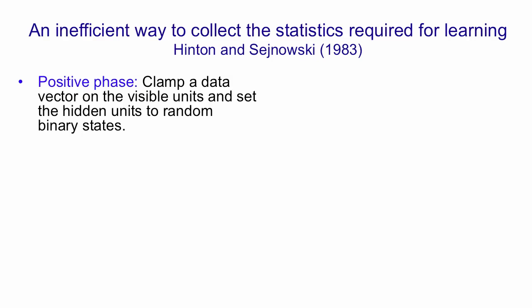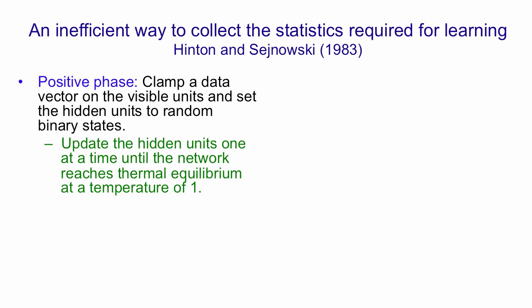And the idea is, in the positive phase, you clamp a data vector on the visible units, you set the hidden units to random binary states, and then you keep updating the hidden units in the network, 1 unit at a time, until the network reaches thermal equilibrium at a temperature of 1. We actually did that by starting at a higher temperature and reducing it, but that's not the main point here.